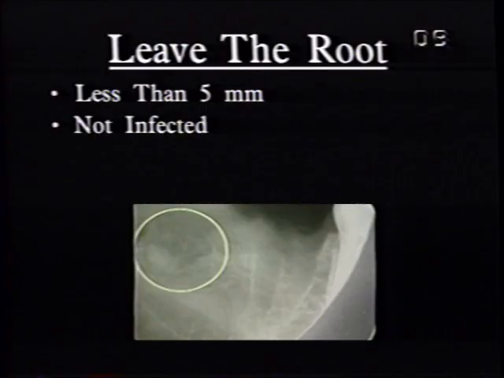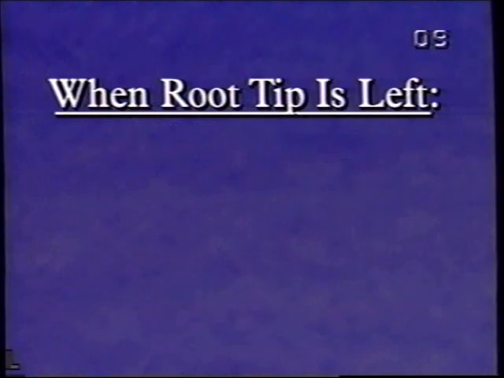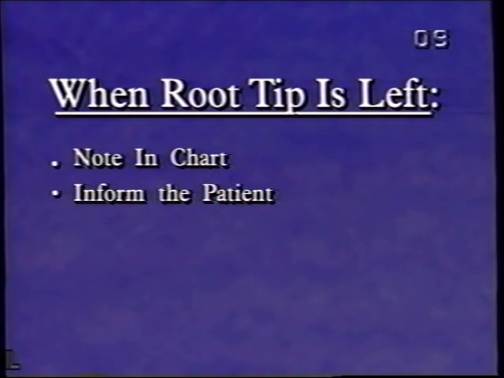It hopefully is not infected. It may be by an important anatomical entity such as the sinus or the mandibular canal or the submandibular space. But if that is done, of course, there are certain things we do such as noting it in the chart, informing the patient of that, and then following up at a future date to make sure everything's okay.